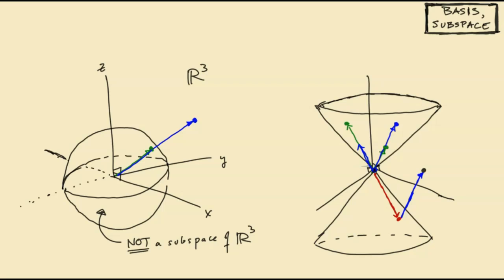So we can't do vector addition on this cone and remain on this cone. And so this double cone is also not a subspace of R3. For a chunk of R3 to be a subspace of R3, we have to be able to take linear combinations of vectors on it. So we have to be able to add vectors and scale vectors on it and still remain on it.